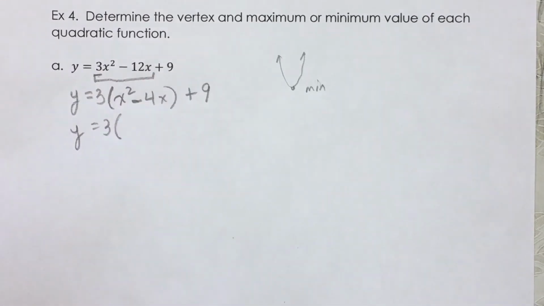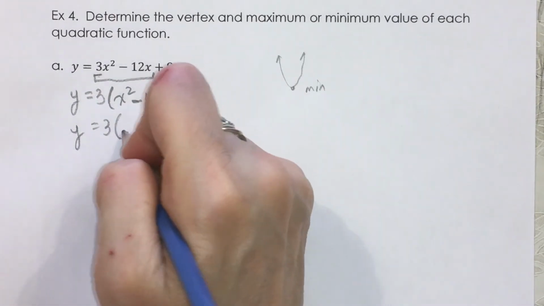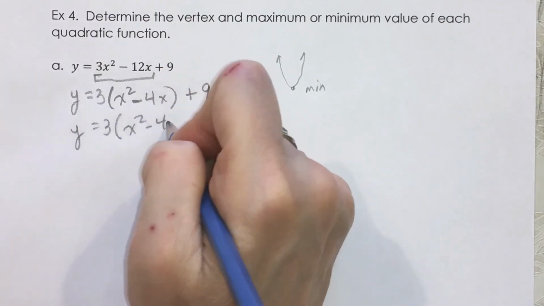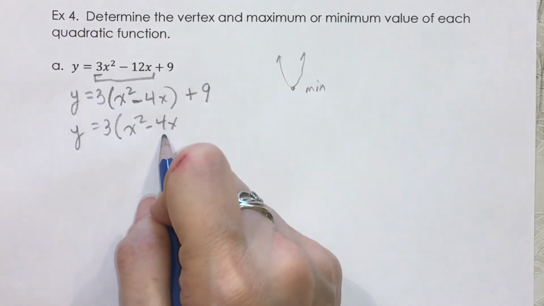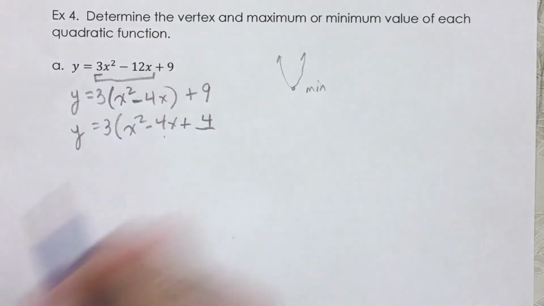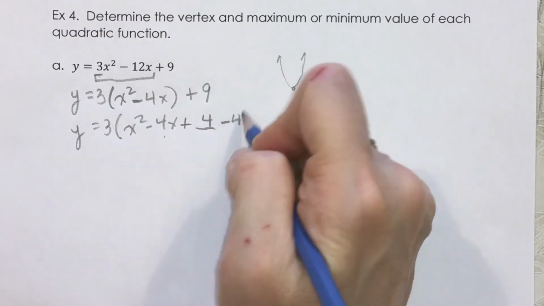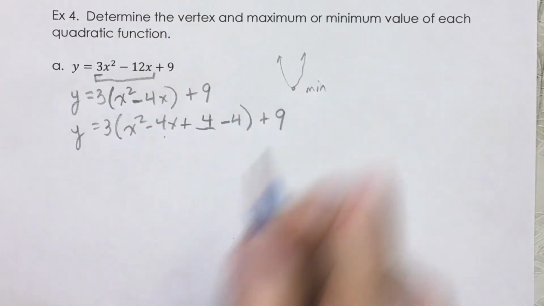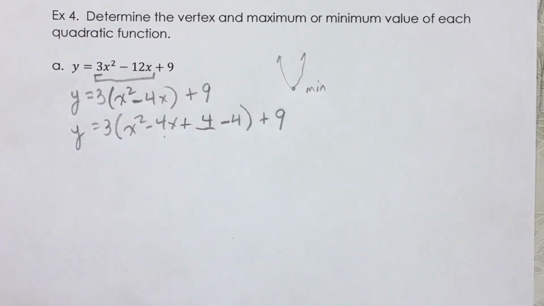Now we're going to complete the square inside the parentheses. So to do that, we take half of 4, which is 2, and square it. So 2 squared is 4. So we add 4 to complete our square and subtract 4 so that we've really just added 0 and haven't changed the value of the equation.